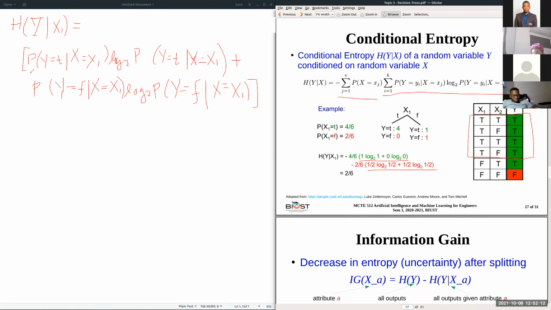We have to consider what this term means: the probability of Y being true given X1.